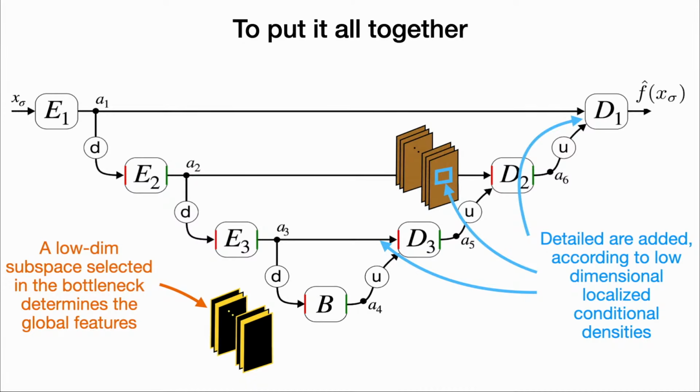And we observed that there are two different regimes where we can describe this reduction of dimensionality. When you have skip connections, the reduction of dimensionality is spatial. And in the bottleneck, we have a union of subspaces where similar images are compressed onto the same subspace. And then there is a selection happening in this bottleneck. And then the details are added conditioned on the representation that is created in the bottleneck.